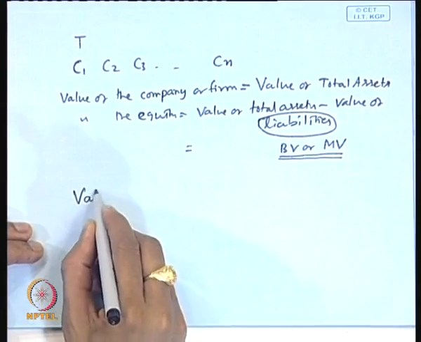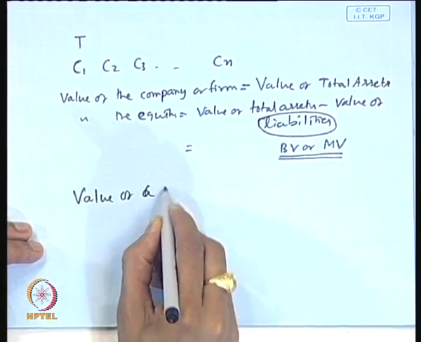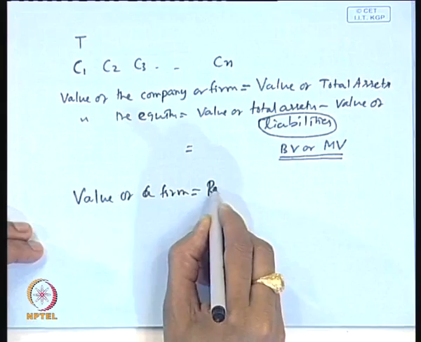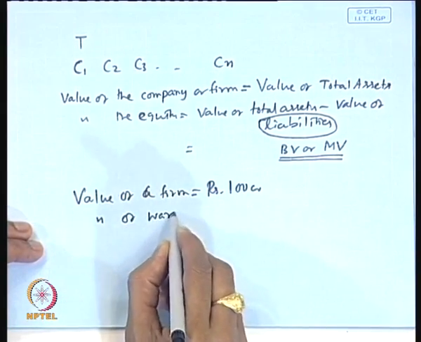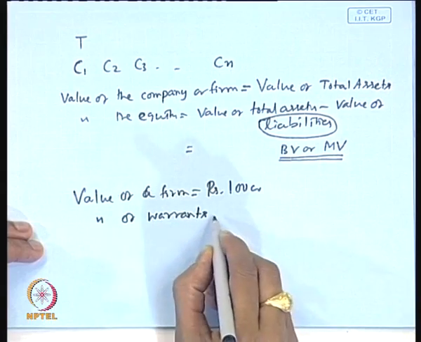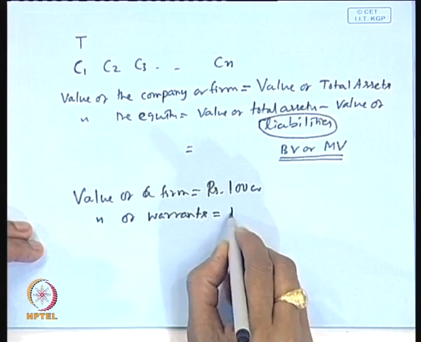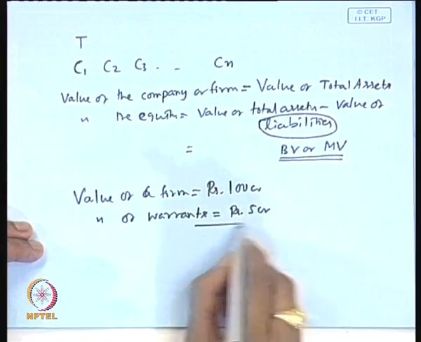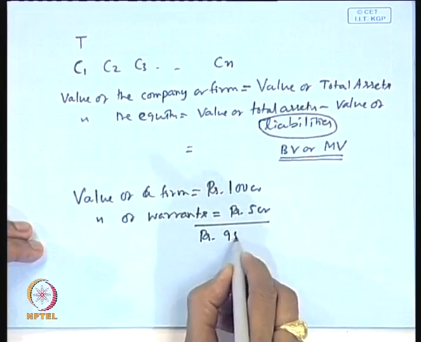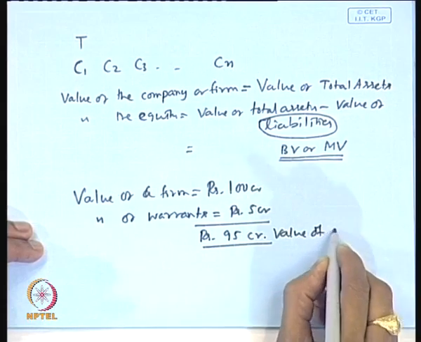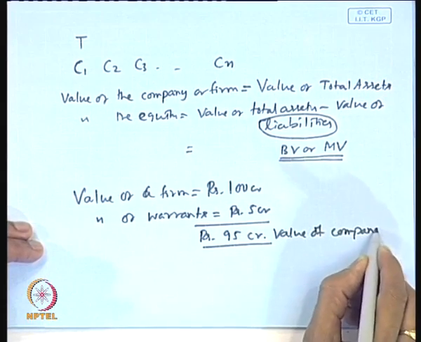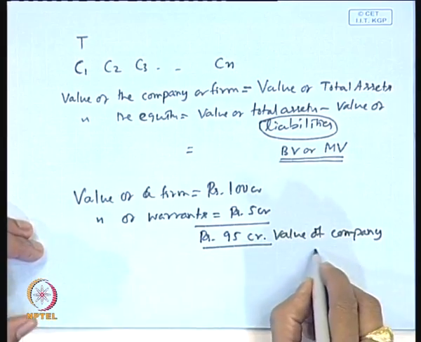So, what happens if we find the value of a particular firm is rupees 100 crore, and the value of the warrants outstanding which are not yet exercised by the investors is rupees 5 crore? Then we say rupees 95 crore is the value of the company as far as our further comparison and valuation multiple calculations are concerned.